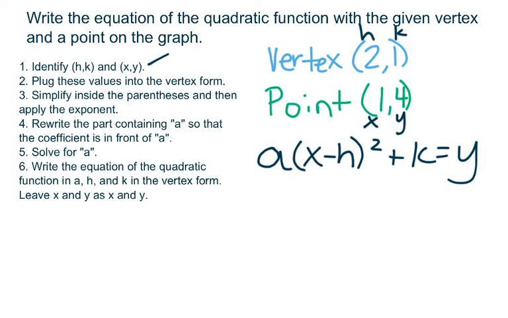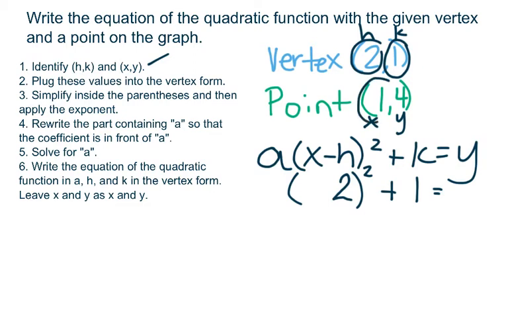My h is right here, so I'm going to replace that with a 2. My k is 1, so I'm going to replace that with a 1. My x is 1, so I'm going to replace that with a 1. And my y is 4. So I have plugged these in.